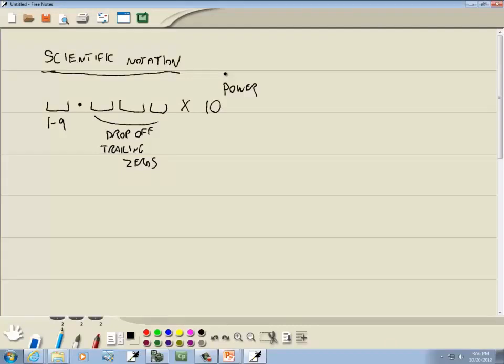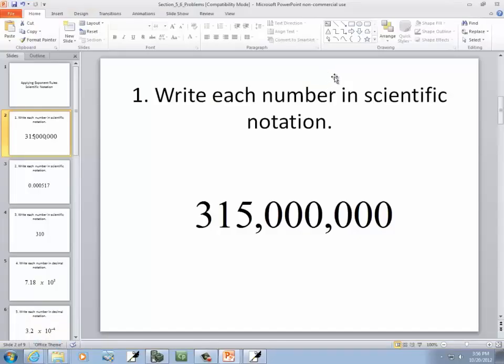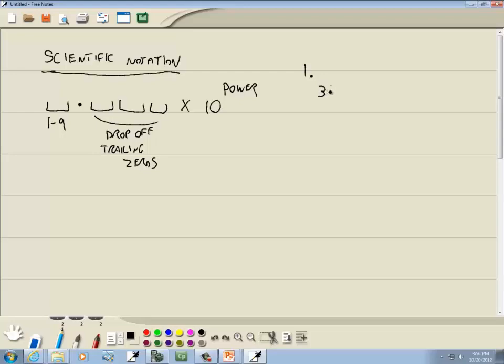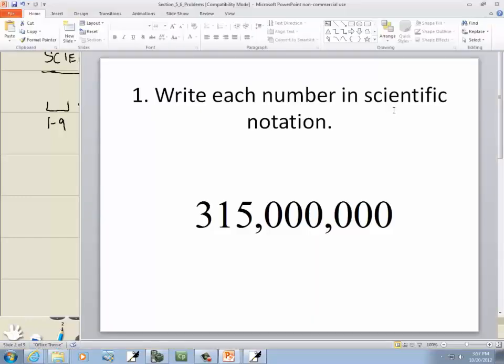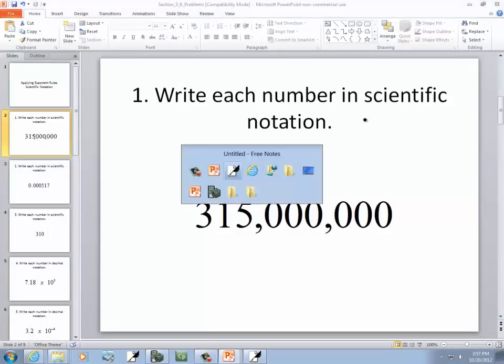Now let's take a look at our first problem here. This is 315 million. There we go. And if I were to put a decimal place, it'd be right here. And the instructions say write each number in scientific notation.